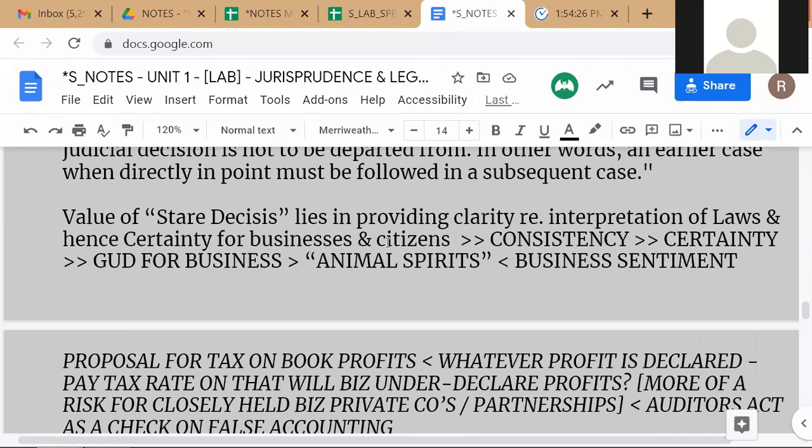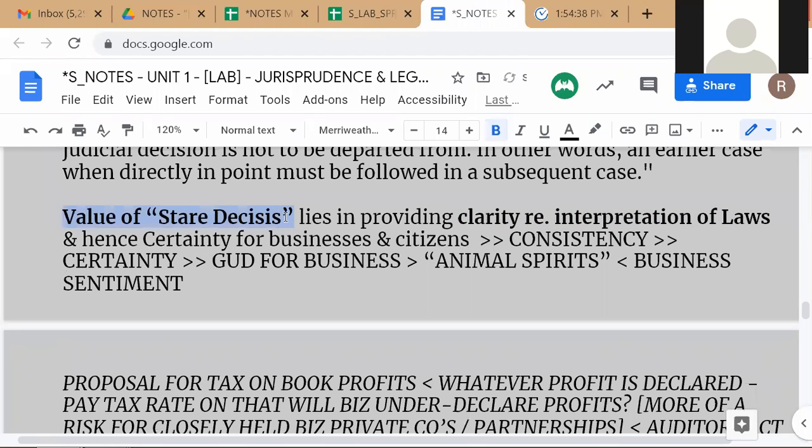So you have clarity, okay. The value of stare decisis obviously is clarity regarding interpretation of laws, and certainty for businesses and citizens.